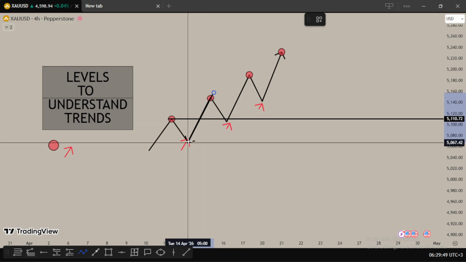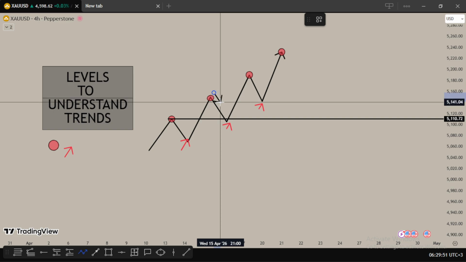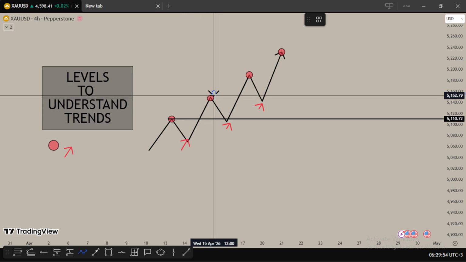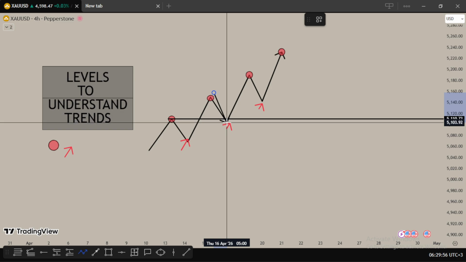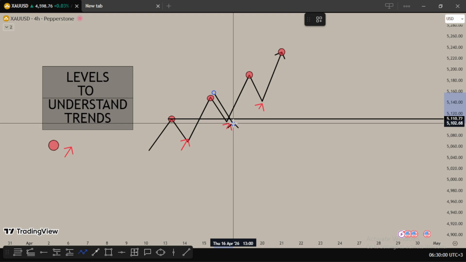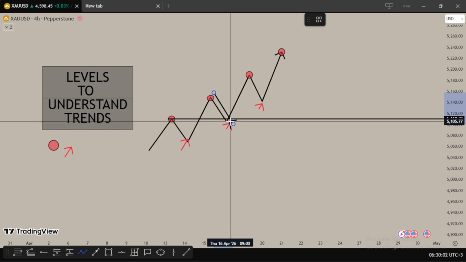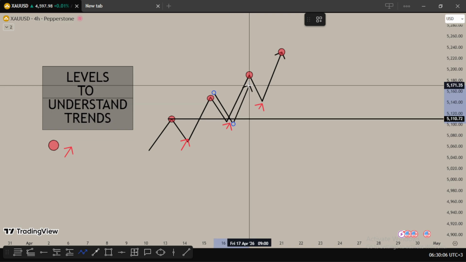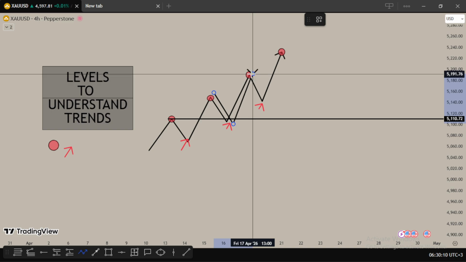Whenever buyers break above a level of sellers, sellers push price back to the level where they were first. Then they buy together with buyers to support the trend.